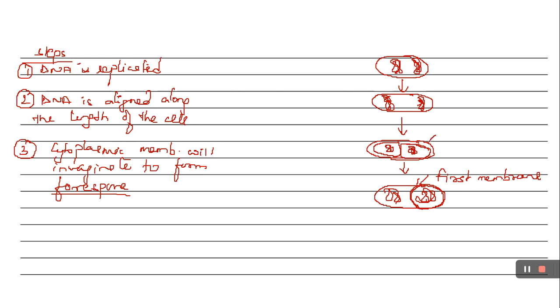This is called the forespore because this is the one which is going to form the spore. So this is the first membrane, and this is the second membrane which forms inside. I will draw it clearly. And this part will degenerate, as I discussed.